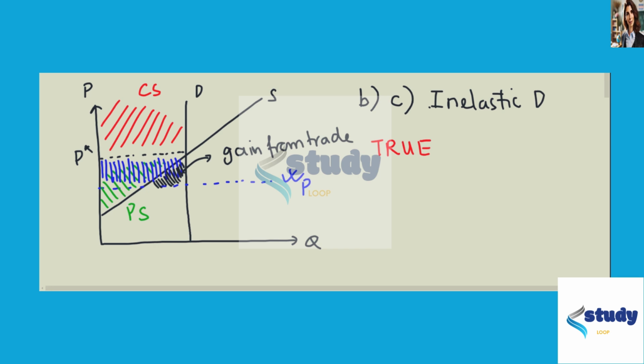There is a gain from trade, which is represented by this black triangle, and this area belongs to the new consumer surplus. So consumers still gain from trade. However, let me finish writing that down.